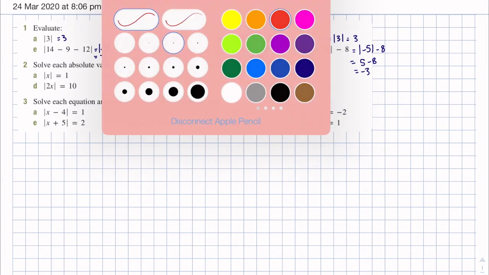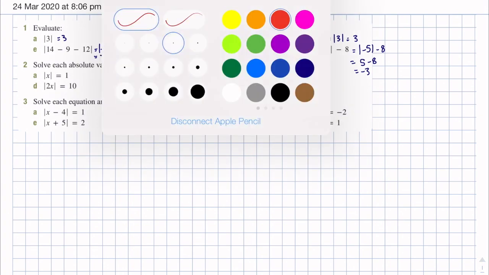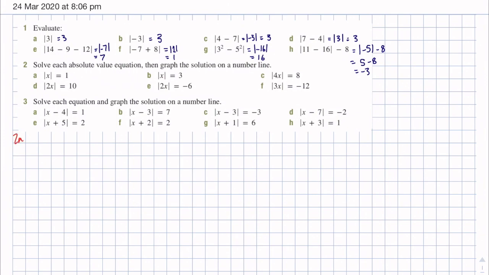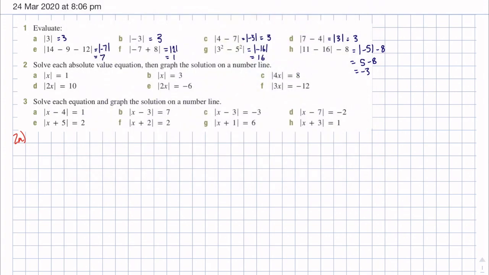Okay, so for question 2a, I'm just going to do my number lines here. I'd like you to follow this same process. It seems weird to start with, but when it gets harder later on, this is the process that I've found people get least confused with.